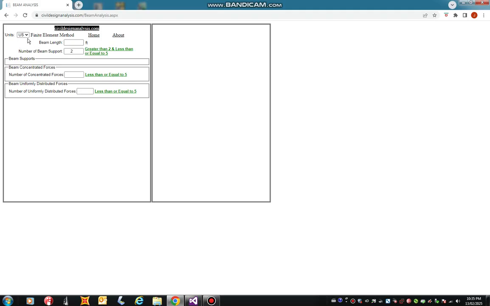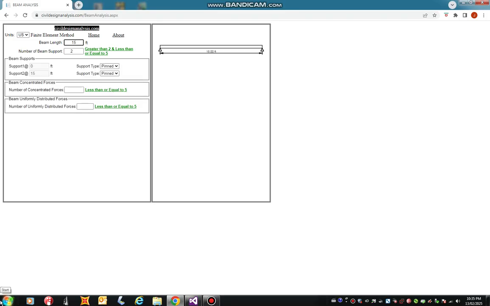For defining the beam, if you look at these units, it is in US right now, by default, and you can convert this into SI units or the international system. We will leave this as the US system, and we're going to define a 15 feet beam span.